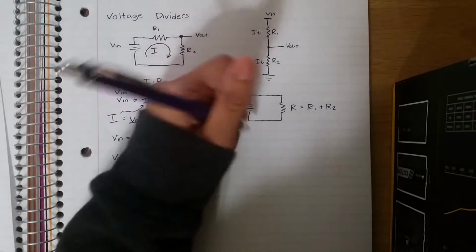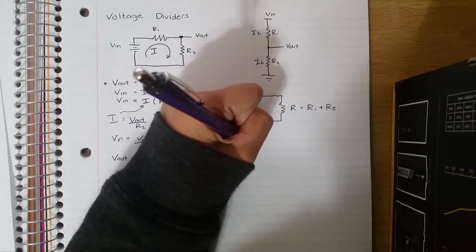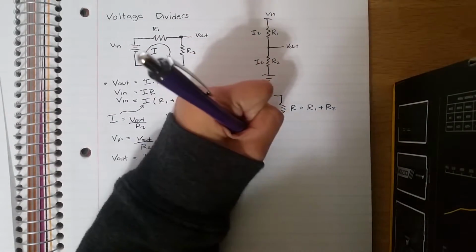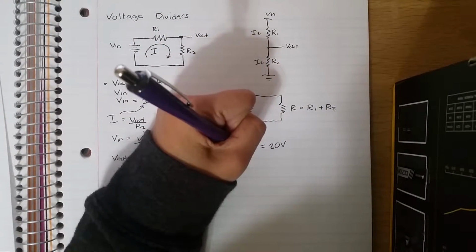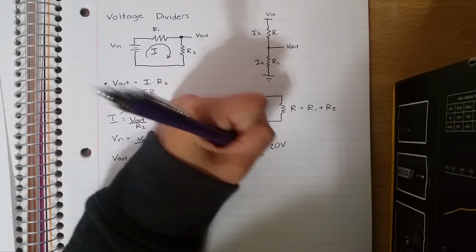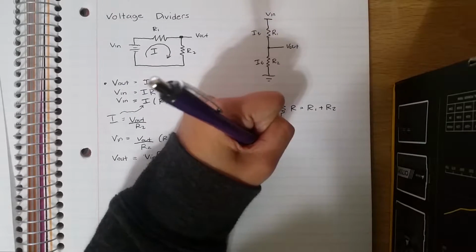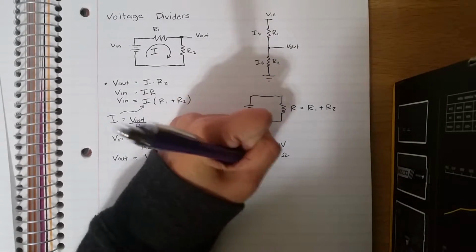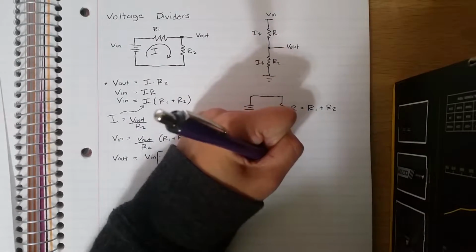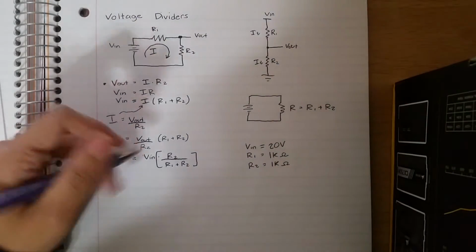Okay, so let's plug in some values and see what happens. Let's say we have V in equals 20 volts, and let's say we have R1 equals 1k ohms, and R2 equals 1k ohms. These are some pretty common values.